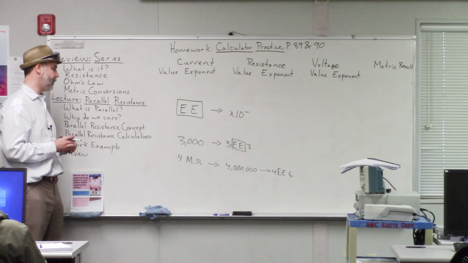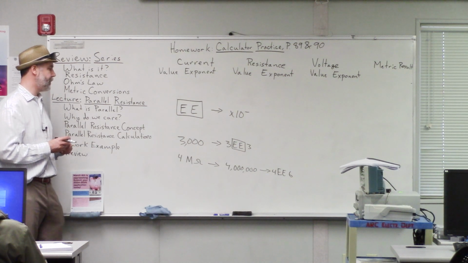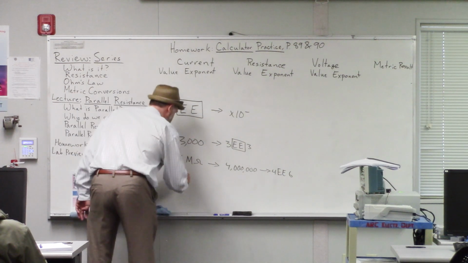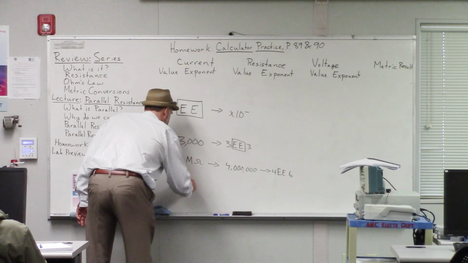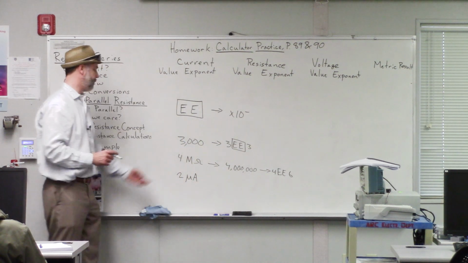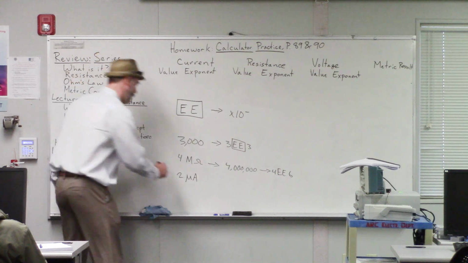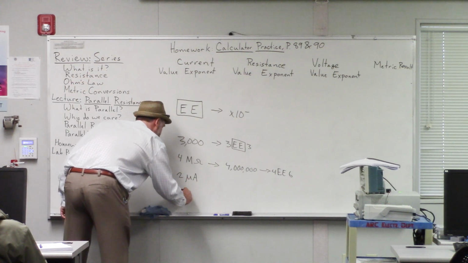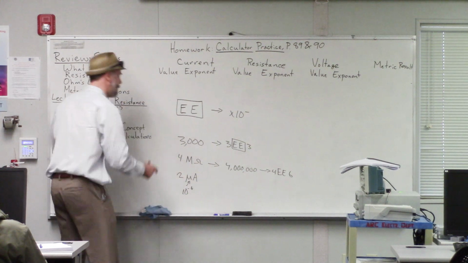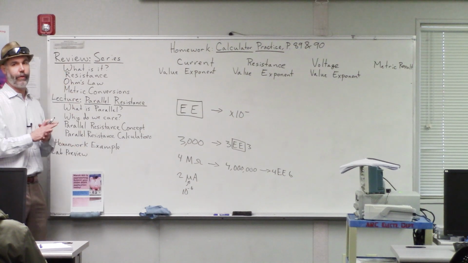But what if you wanted to write really small numbers, like micro? So suppose you had 2 microamps. Well, micro is 10 to the minus 6th. That's what micro means. And that's all in that table in your book.